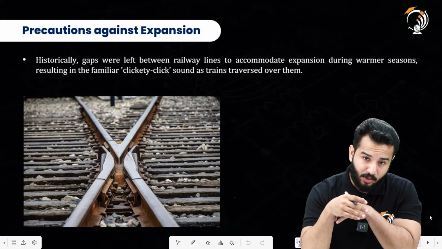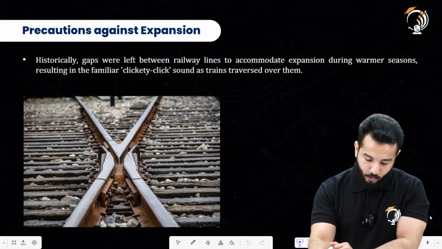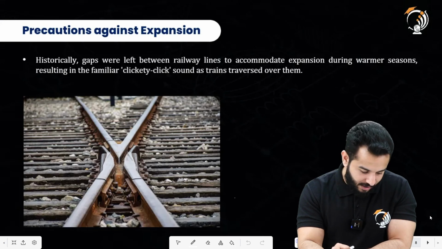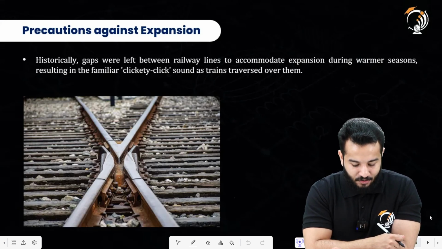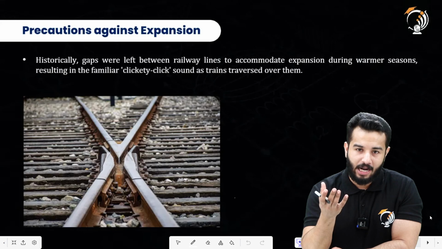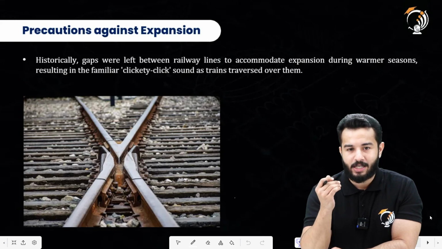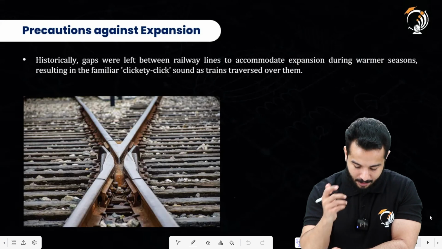Historically, gaps were left between railway lines to accommodate expansion during the warmer seasons, resulting in the familiar click sound as trains transferred over them. So if you have ever traveled by train, we usually hear a periodic click sound, and this is the reason why we hear that, right?